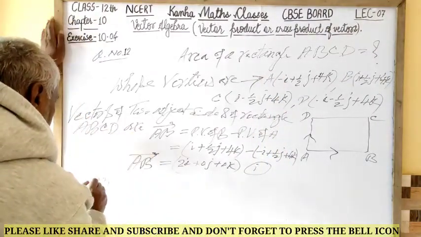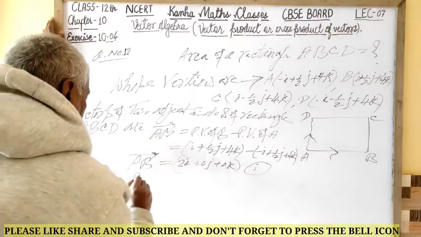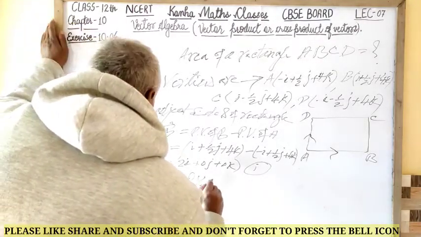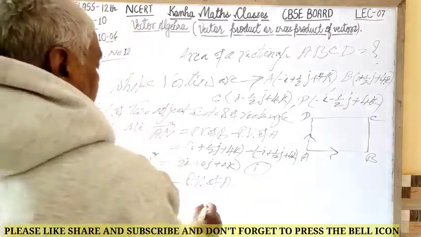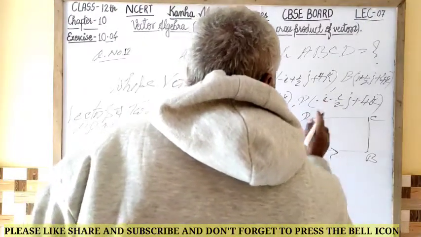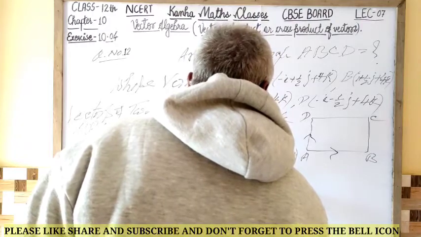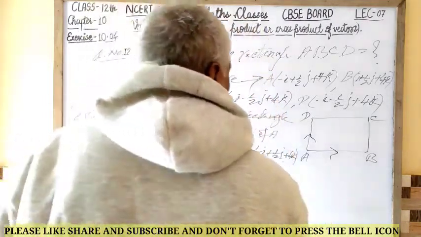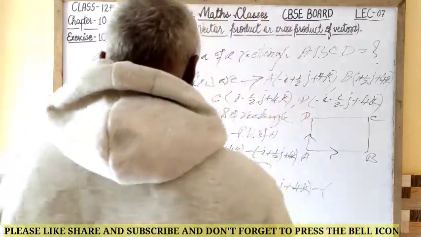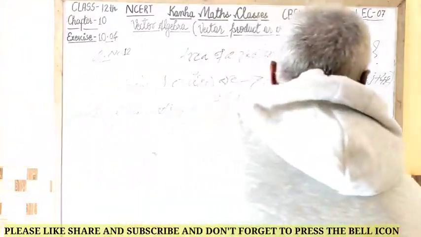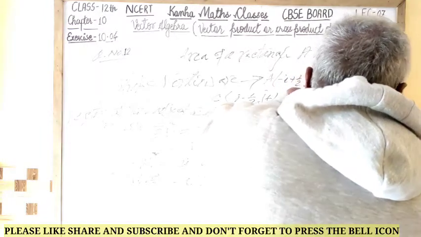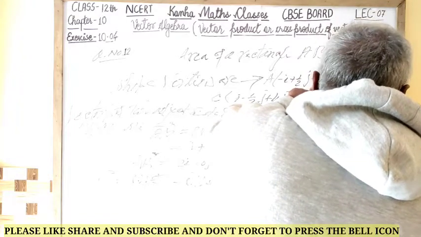Vector AD is equal to position vector of D minus position vector of A. Position vector of D means minus i minus half j plus 4k, minus position vector of A, which is minus i plus half j plus 4k.